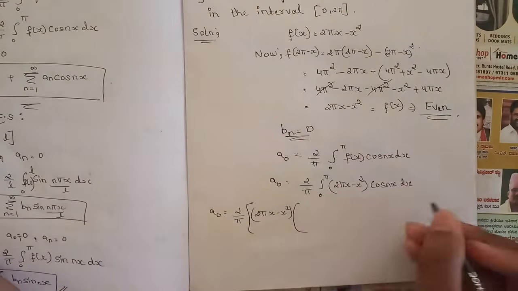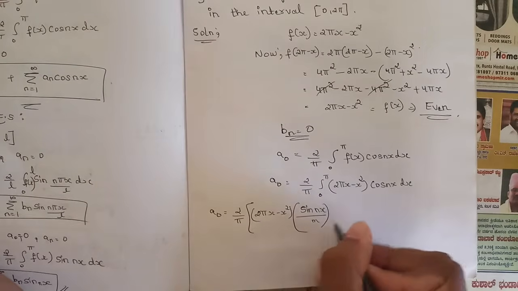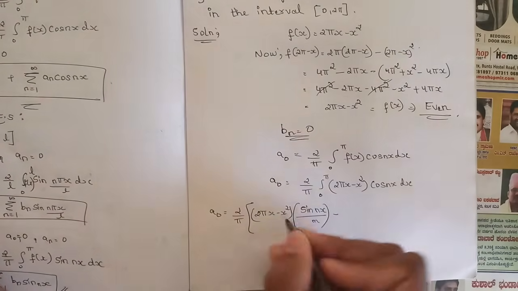The integration of cos is sin nx by n, minus, you have to differentiate this function.